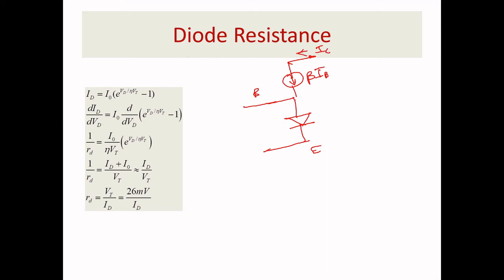Now what I am going to do is replace this diode with some resistance value, that is RD.